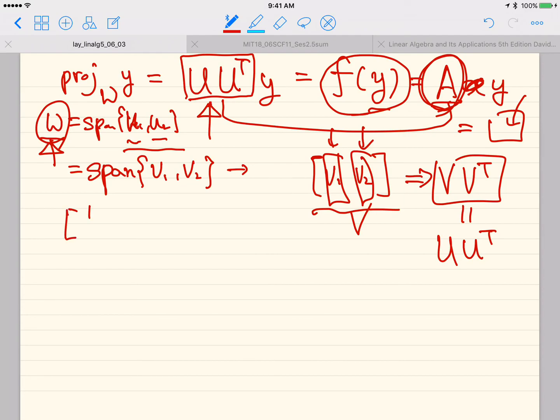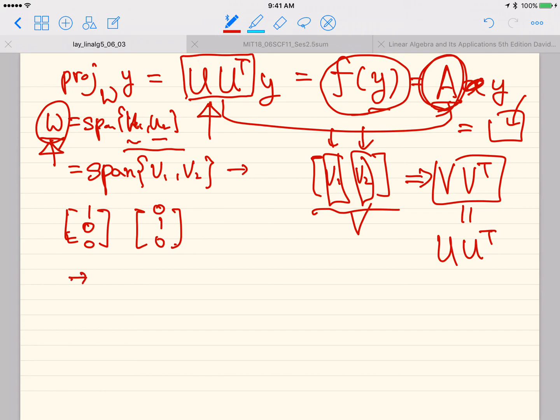It will be 1, 0, 0 and 0, 1, 0. So it is a unit vector along x and a unit vector along y, not having any vector along z. This will be one orthonormal basis for this flat, horizontal subspace.